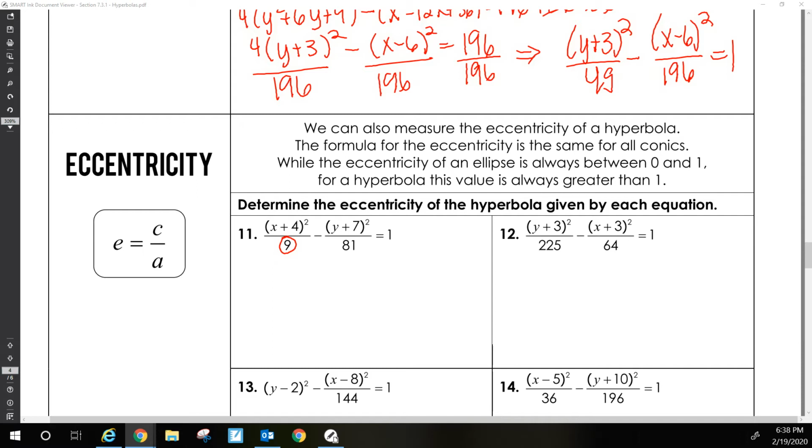So we still have C squared is equal to A squared plus B squared. 81 plus 9 would be 90. So C is the square root of 90, which is about 3.16. So our E value is going to be 3.16 divided by our A value. Well, the square root of 9 is 3.